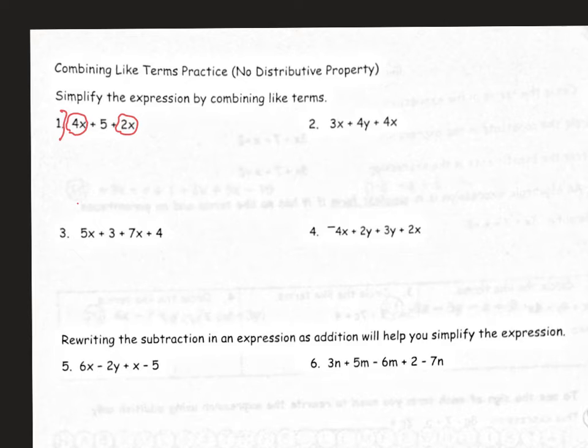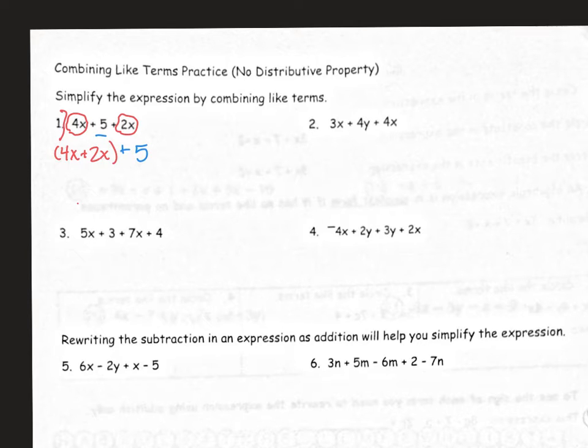And I notice that 5 is a different term. It's just a constant, doesn't have a variable. So in my mind, I'm going to put 4x and 2x together first. Then I'm going to add 5.